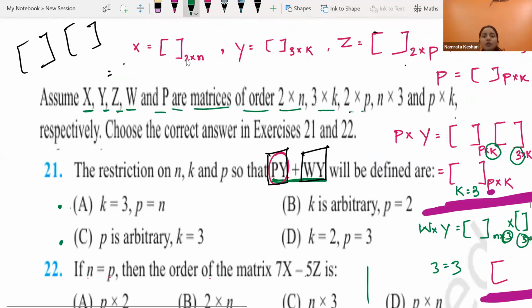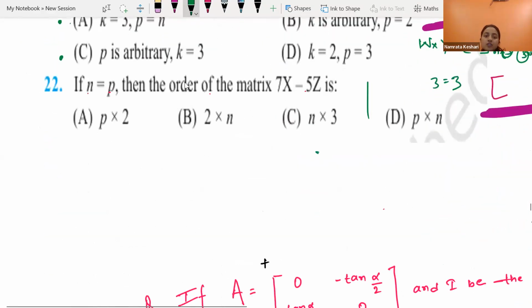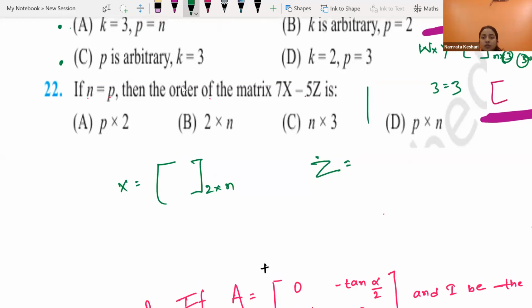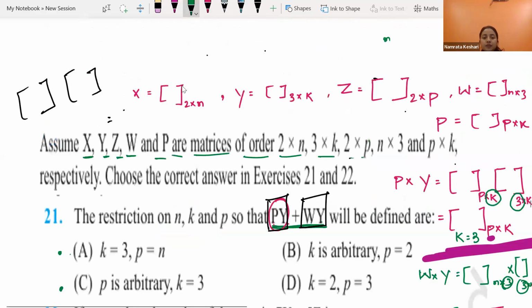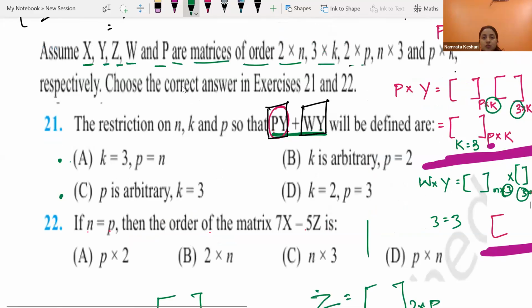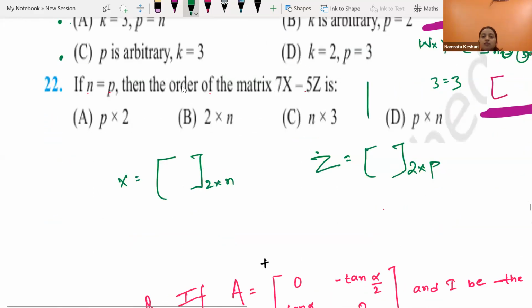X was having an order 2 by n, and z was having an order 2 by p. So here we have to say what will be, if n is equal to p, then the order of this one, 7x minus 5z.